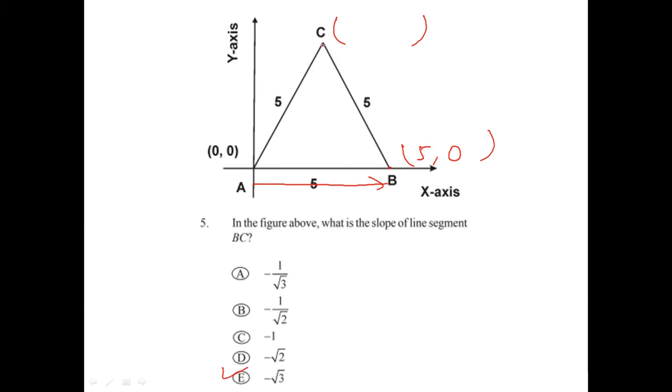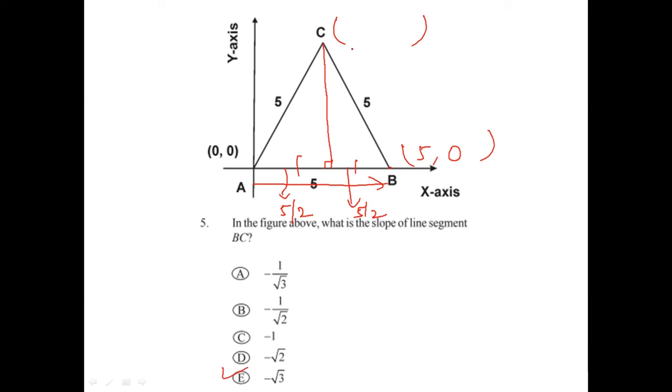Now, in order to find the coordinates of point C, we can utilize the property that in an equilateral triangle, if we draw a perpendicular from a vertex to the opposite side, it bisects the opposite side. And this is true for an isosceles triangle also. So this distance would be equal to, bisect means cut into two equal parts, right? And this distance would also be 5 by 2.